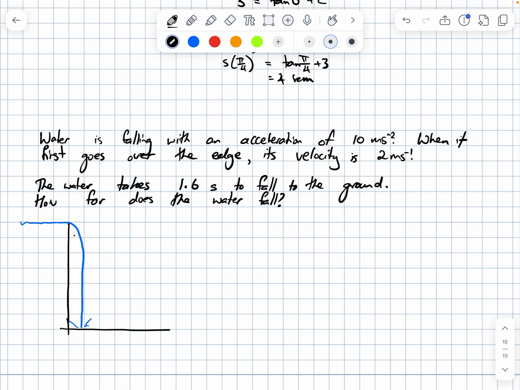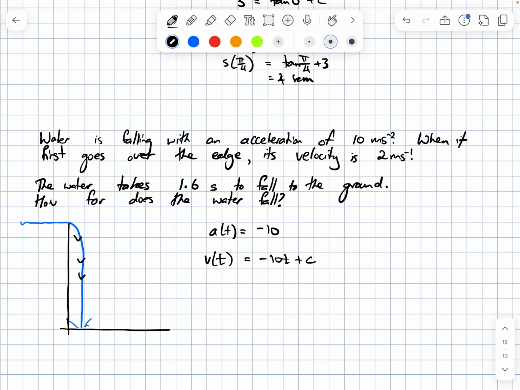Now, what's going on? Well, its acceleration is 10 meters per second squared. That's due to gravity. Now it is going down, which means its acceleration is going downwards, and so our A of t equation is negative 10 due to its downward direction. We want how far, so we want displacement, which means we need to go through velocity and then displacement. So velocity is just the integral of acceleration, so that's negative 10t plus c.